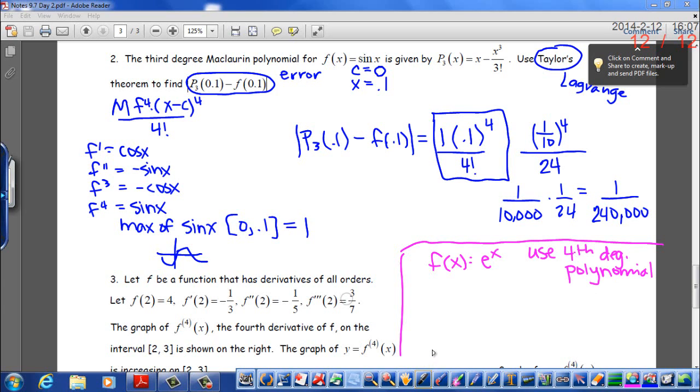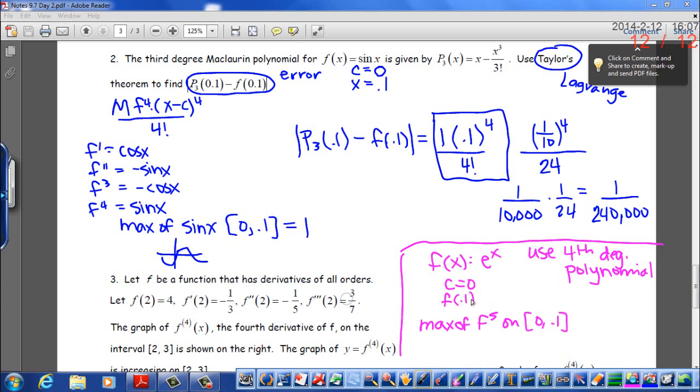And if we wanted to find the error in that approximation, and let's say that we were centered at 0 and we were trying to find f of 0.1. We'll stay with 0.1. All right, so in order to find the error of using the 4th degree Taylor polynomial to find f of 0.1, then what we would need is the maximum of my 5th derivative on the interval between 0 and 0.1.